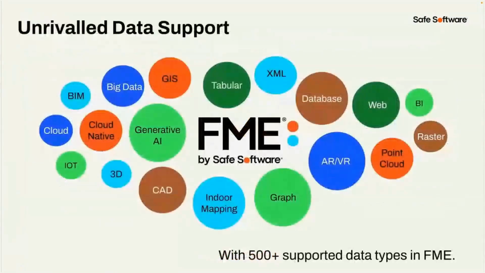And we have multiple data types that we support and different ways you can use FME: indoor mapping, graph, AR, VR, point cloud, raster. So, more than 500 different data types that we support in FME. So just to give you a high-level overview of how powerful the actual application is and what's required to actually successfully deploy it as well.